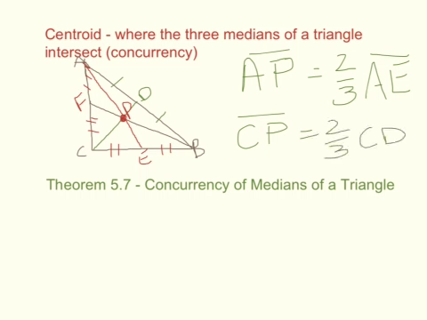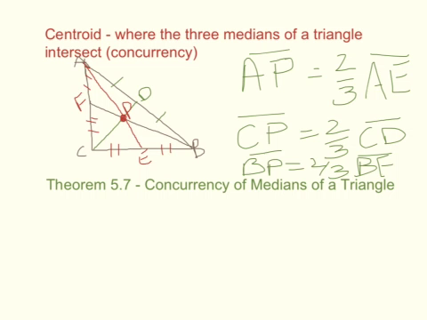Now it's real important here that you're starting with your vertex. So notice that I'm always starting with my vertex. So BP is 2/3 of BF. Now why that is cool and why that matters is because you can actually balance an object if you find that centroid, that center point where the weight will be distributed equally.